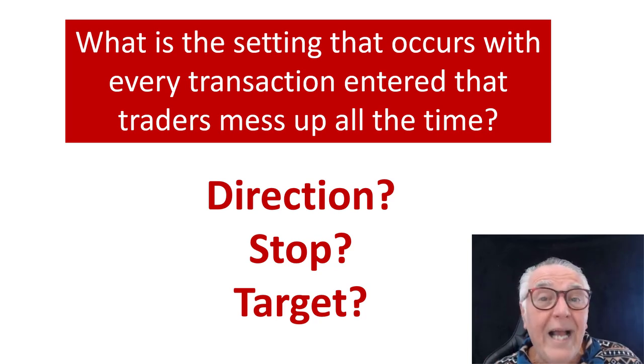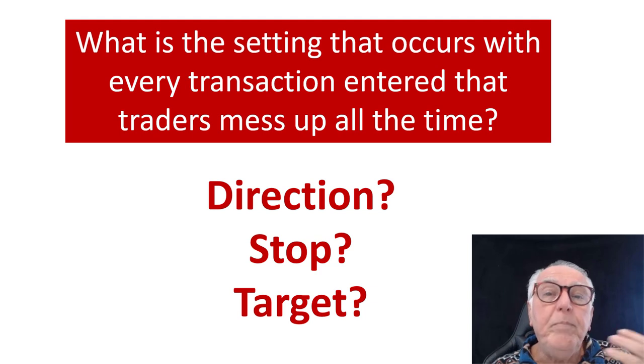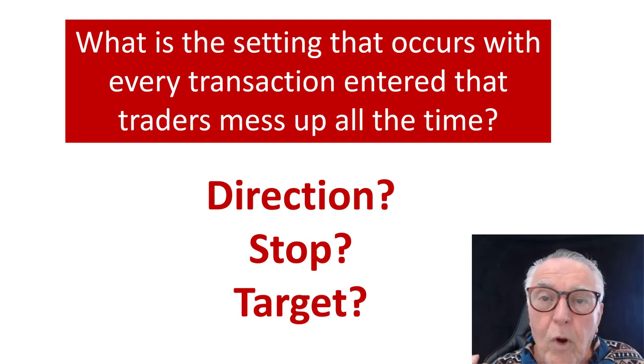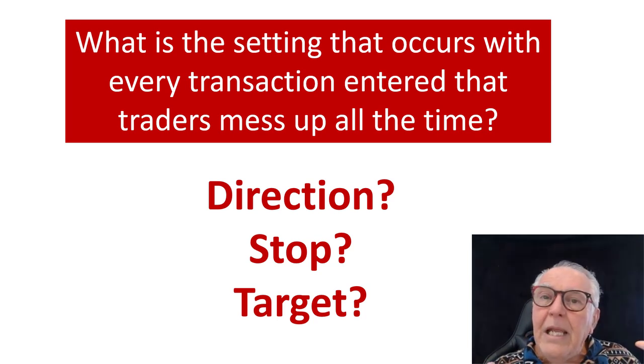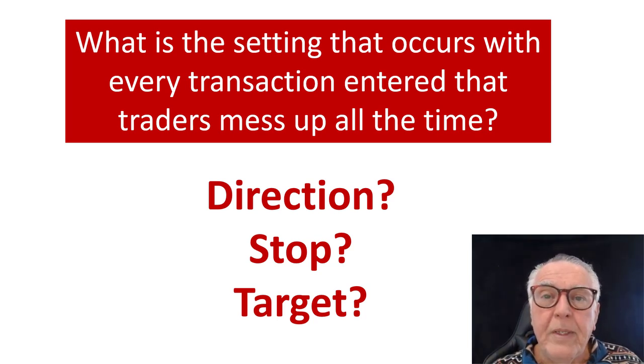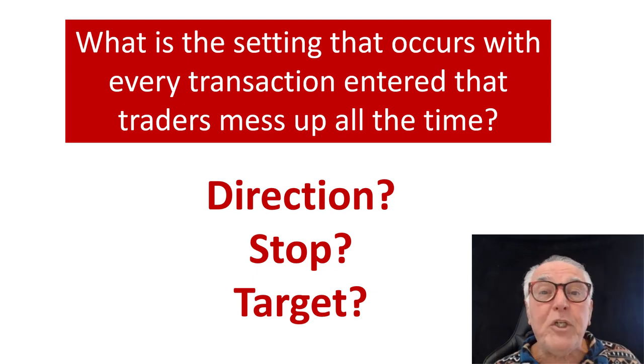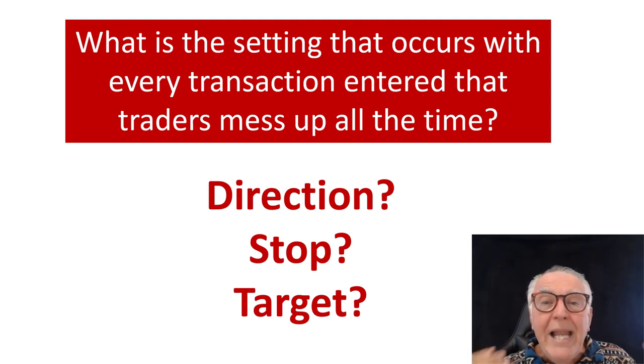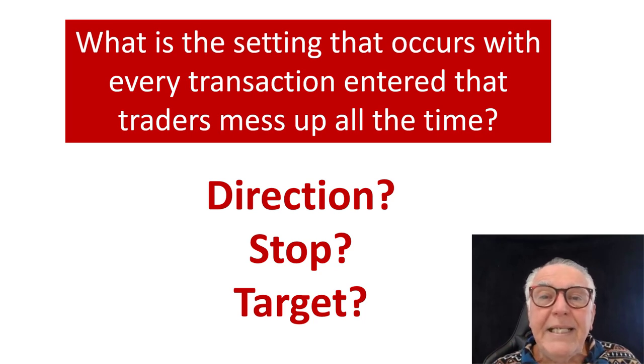Could it be the size of the stop? Could it be the size of the target? If you get those things wrong badly, it can cause problems in the short term. But this setting is a much bigger setting. It's a much more important setting. It's the most underestimated setting that there is.